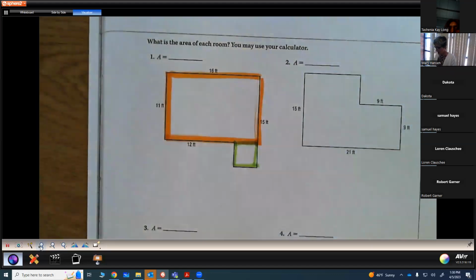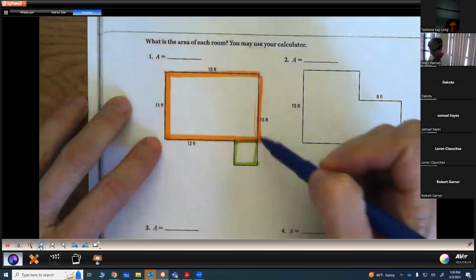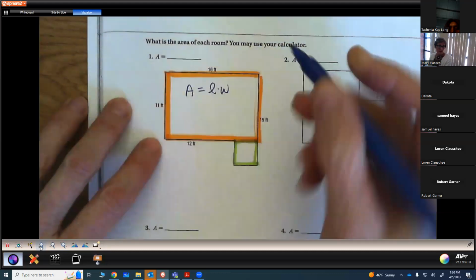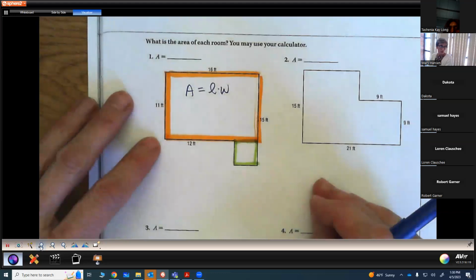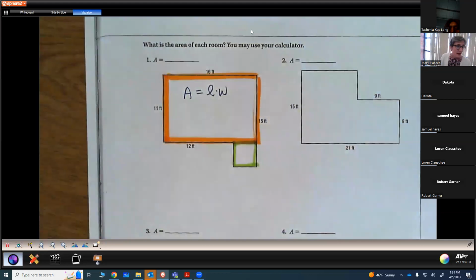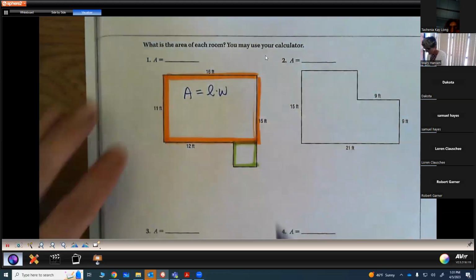So why don't we try number one, and we'll do it both ways. We'll do it using adding smaller areas or taking a bigger area and subtracting it. So if we take the two smaller areas and add them, that means we need to find the area of the orange rectangle. And remember, to find the area of a rectangle, that's one of our formulas on our formula sheet. It's length times width.